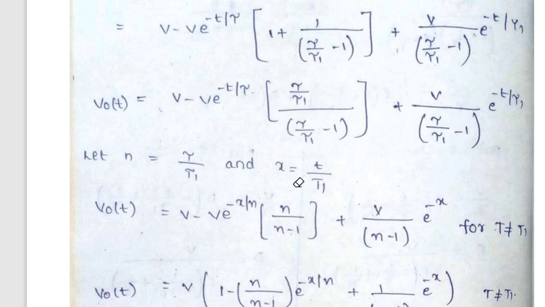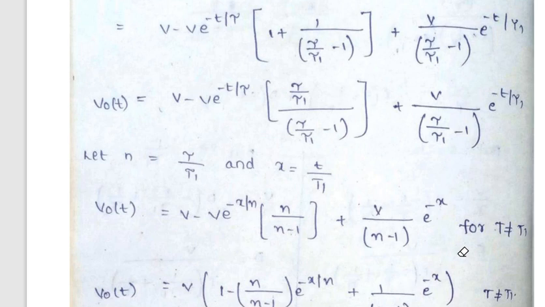T1, T1 cancel. And t by tau is equal to x by n whole into tau by tau 1, is n by n minus 1, plus V by n minus 1 into e power minus x.